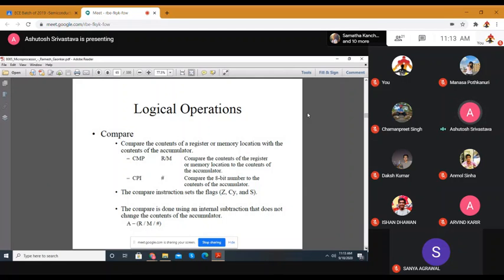So this statement helps you to compare with the values that exist in your accumulator.